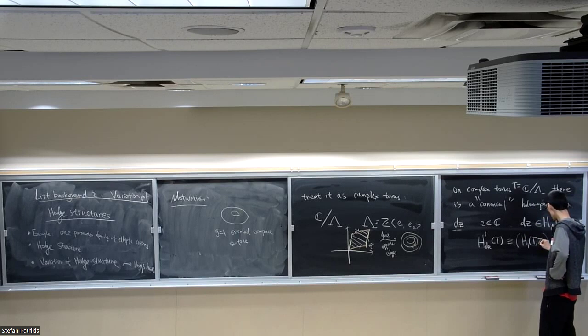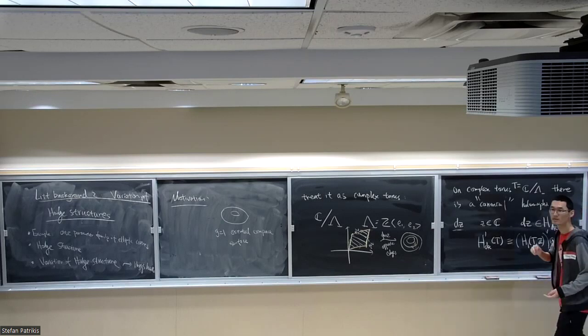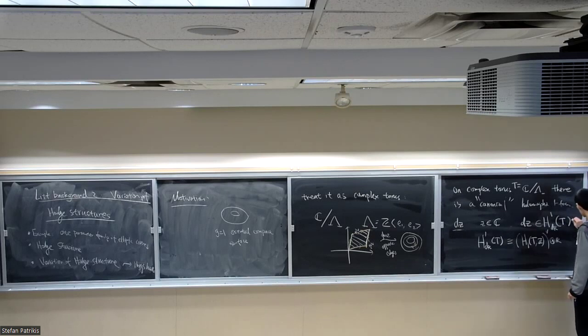Someone asks: if you want dz to be in there, you should take C, right? Yes, that's right, this is the point. It has to be complex cohomology.